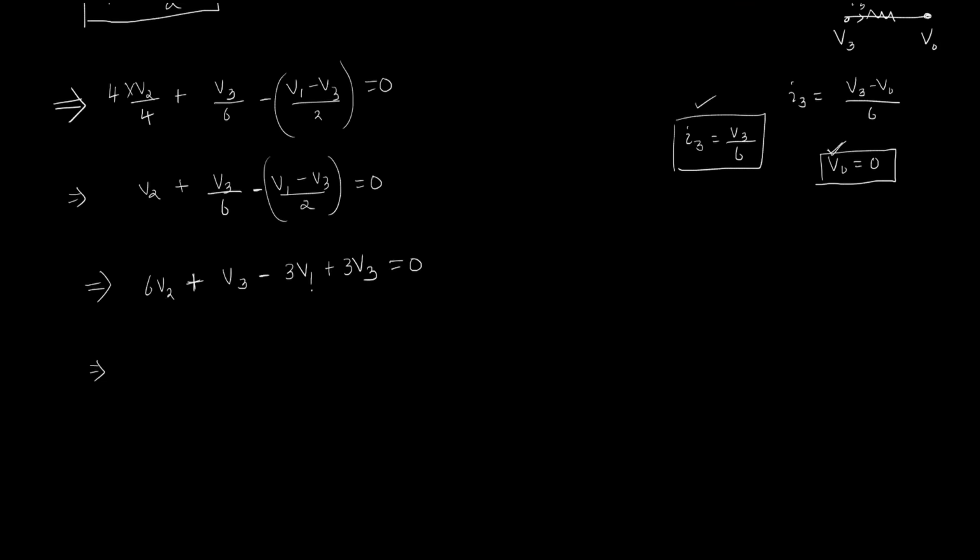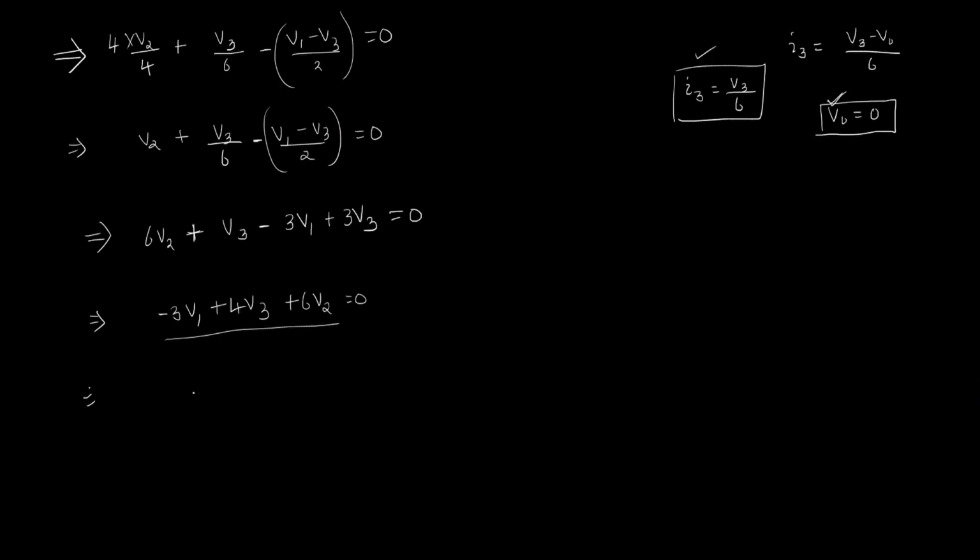So this becomes minus 3V1 plus 4V3 plus 6V2 equals 0. On rewriting this equation, we obtain 3V1 minus 4V3 minus 6V2 equals 0.